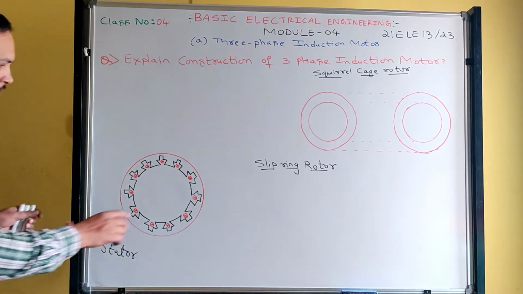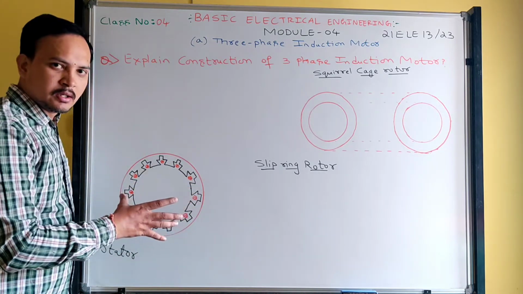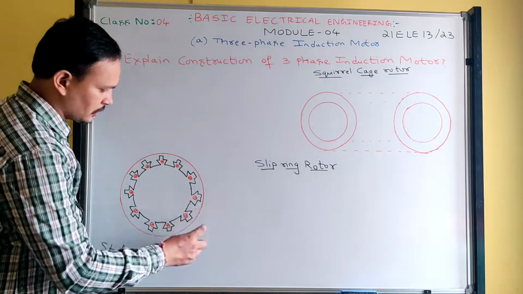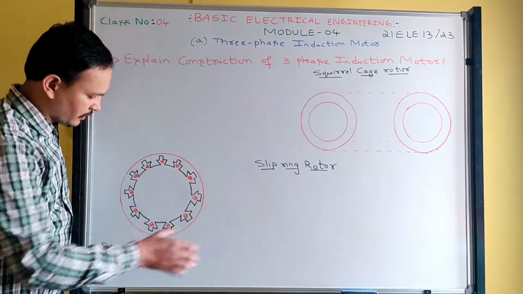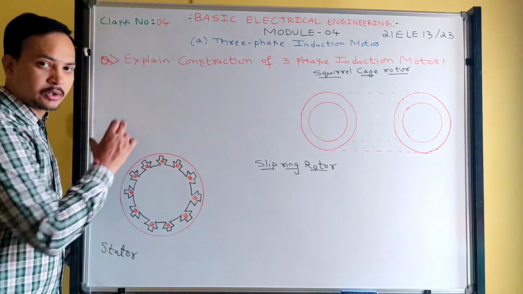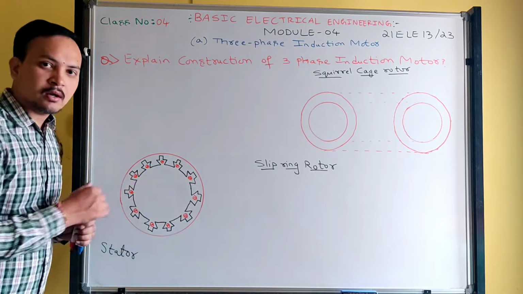And if all these conductors are arranged in such a manner, they are connected to a three-phase supply. So this many conductors are connected to R phase, this many conductors connected to Y phase, this many conductors connected to B phase, and then we are giving supply to the stator winding.